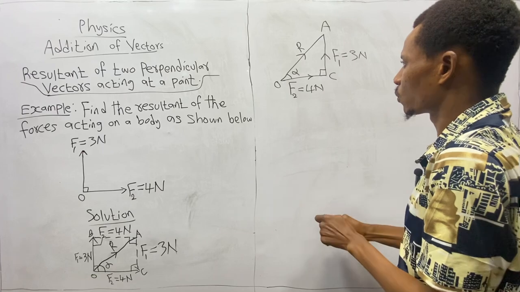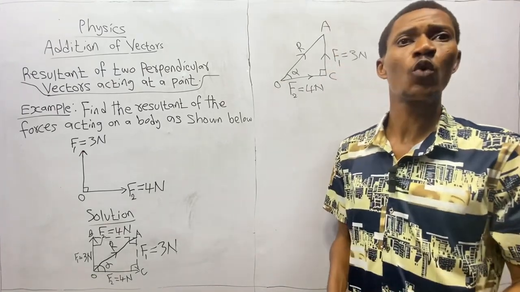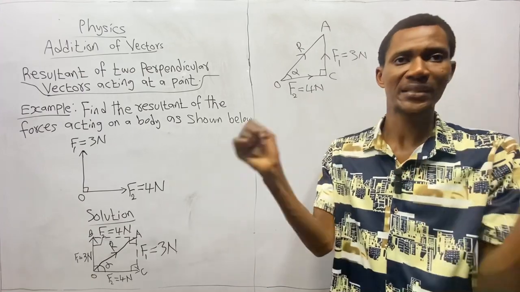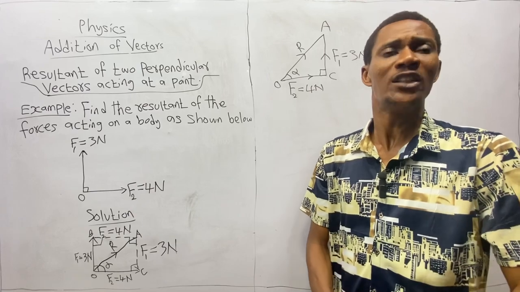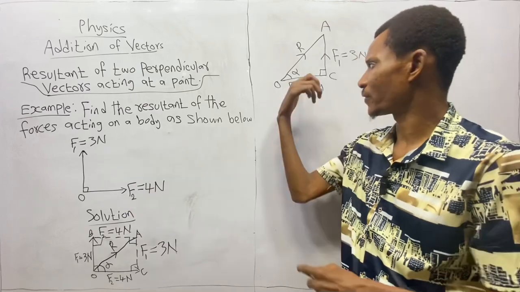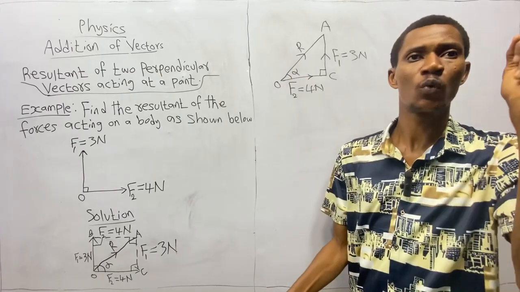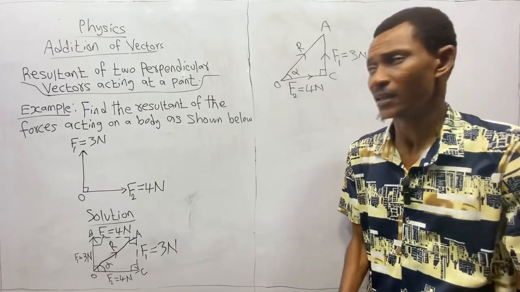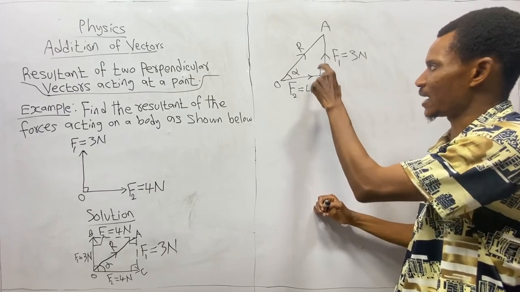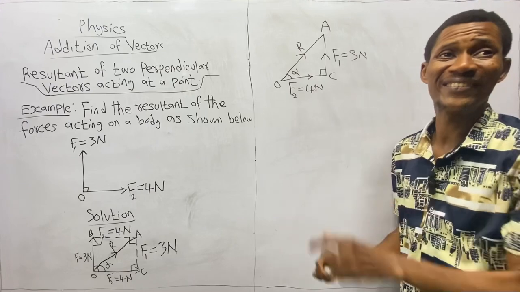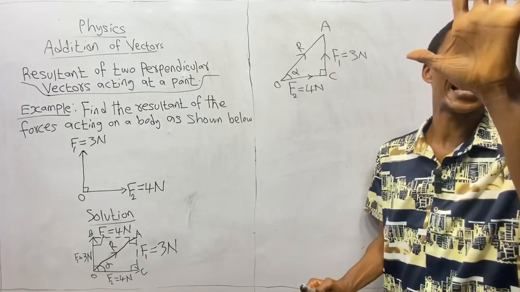This triangle OCA is called a right-angled triangle. We have different types of triangle, but this particular one is called a right-angled triangle. Now, why is this one called a right-angled triangle? It's called a right-angled triangle because one of its angles is angle 90, and as you can see, there's an angle 90 here. And remember, a triangle is a three-sided shape.